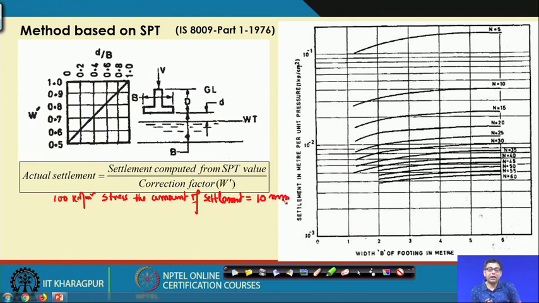But there the water table effect was not introduced, and here the water table is 1 meter below the base of the footing, or 2.5 meter below the ground surface.